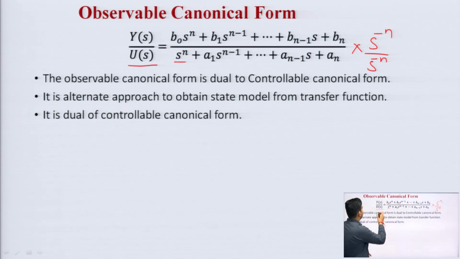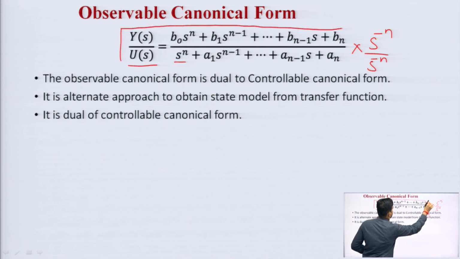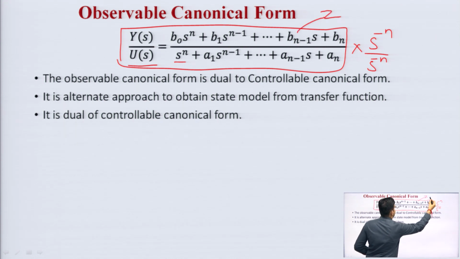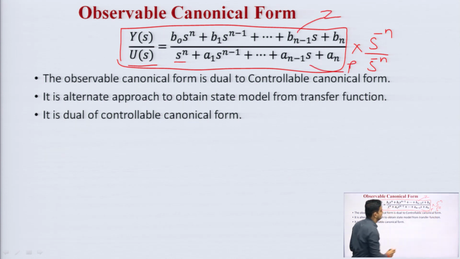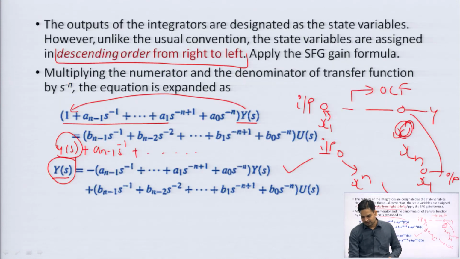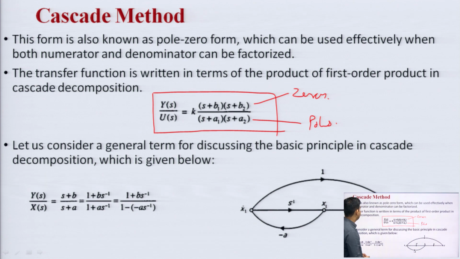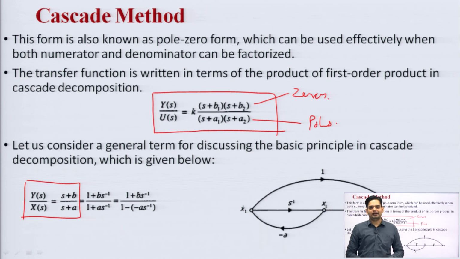If I get a generalized expression like this, I have to convert this transfer function to factored form, and after factorization this gives me the zeros and this gives me the poles. So, I have to convert to factored form to obtain the cascade or parallel method. Here I am taking a separate example, Y(s) over X(s) equals s plus b over s plus a, then I will come back to this transfer function to make the SFG.